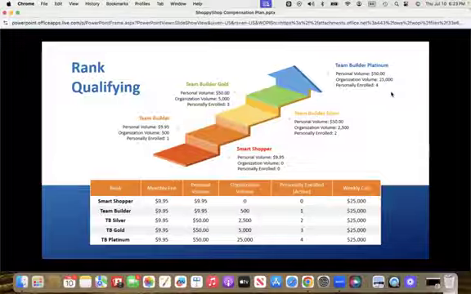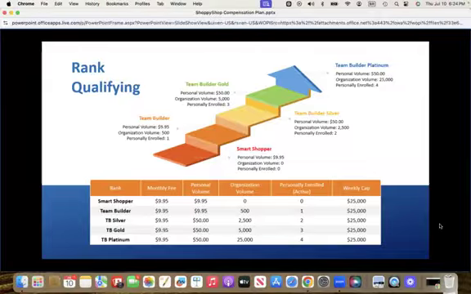So I just told you that outside of yourself, you don't need any other volume to qualify for Team Builder. Okay. The organizational volume, you're going to need 500 in organizational volume, meaning that throughout your front binary tree and your unilevel tree, you're going to have 500 in volume there to get you to the rank of Team Builder. You're also going to need to have one person who's active in the compensation plan, right? One active distributor.